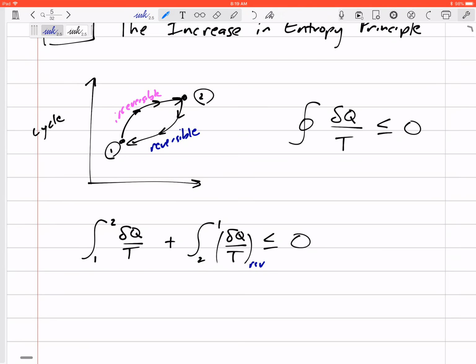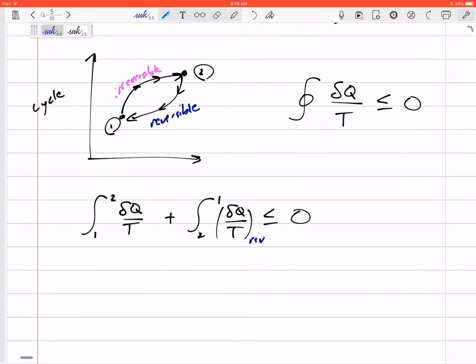All right, so we know that the integral over the whole cycle, so if we integrate from 1 to 2 and from 2 to 1, then that's over the whole cycle. We know that this is always less than or equal to 0, right? But this reversible integral we just defined is the change in entropy.